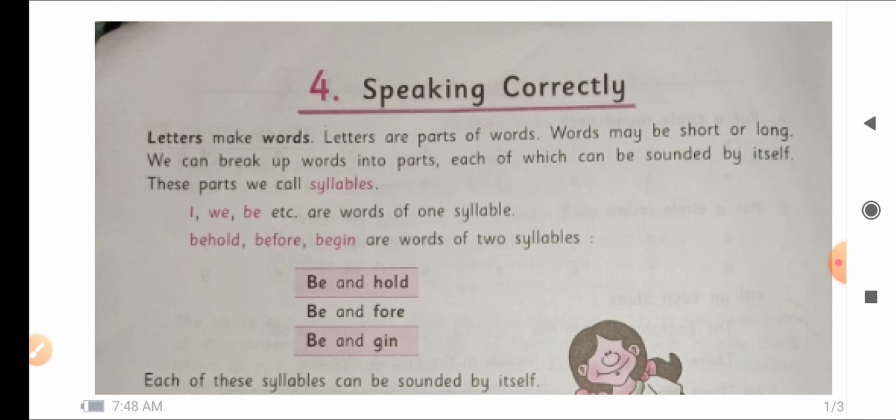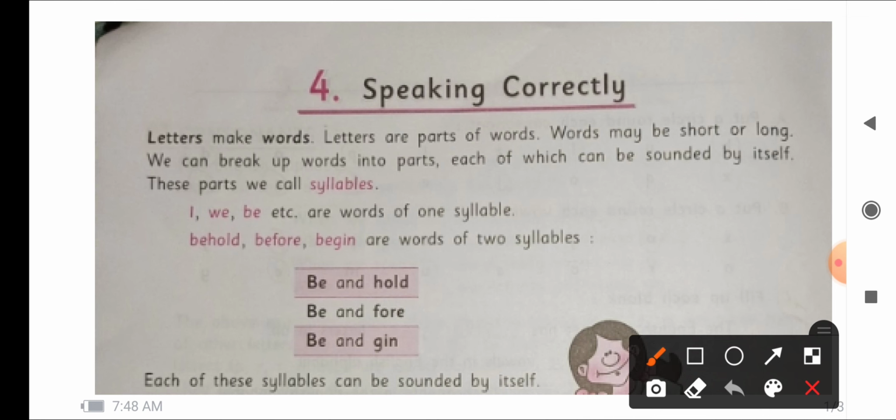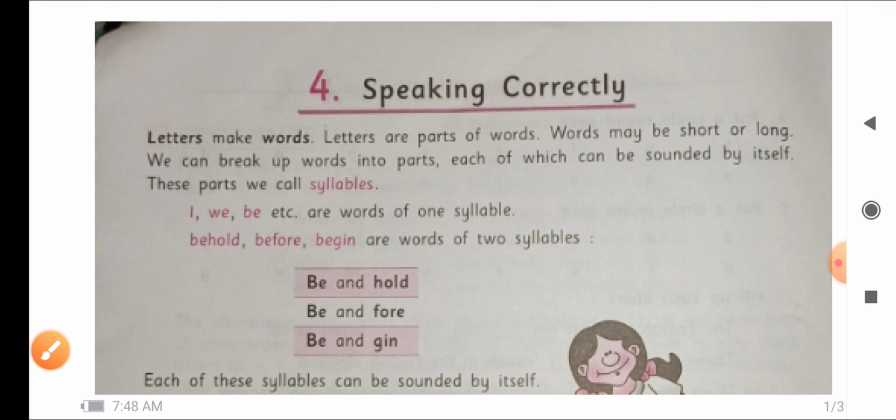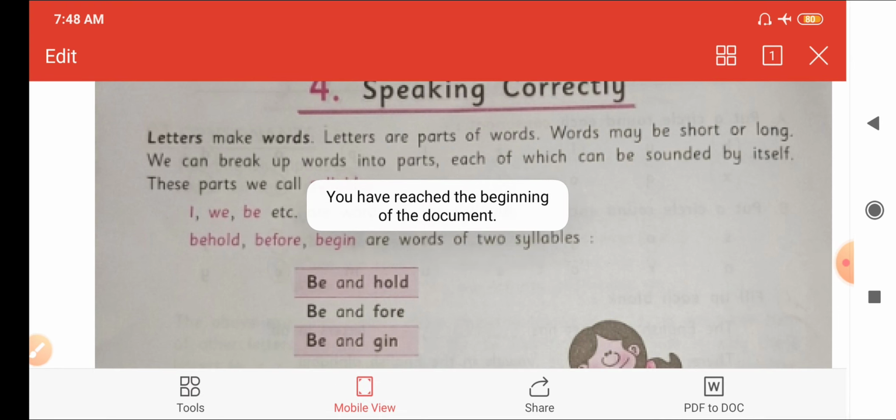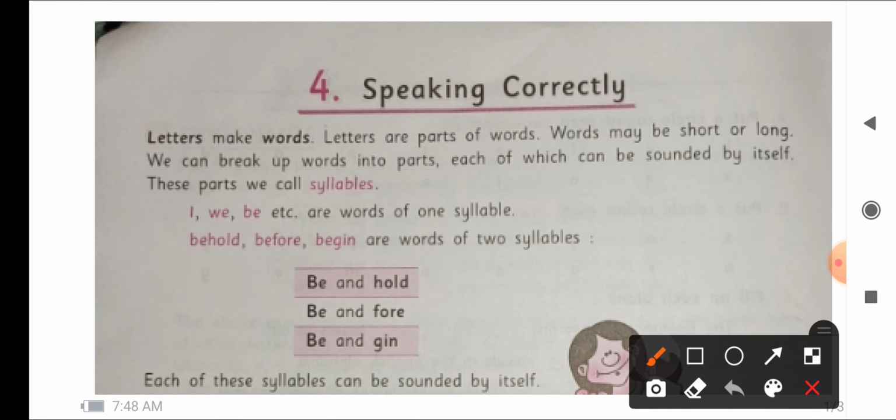So let us see some here. I, we, be, etc. are words of one syllable. Okay, behold, before, begin are words of two syllables.